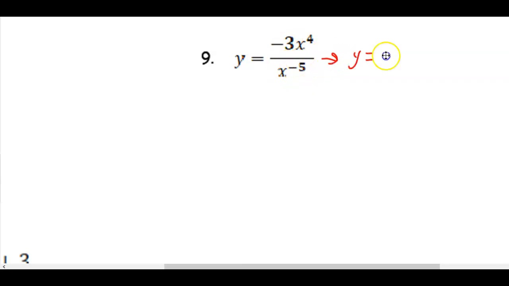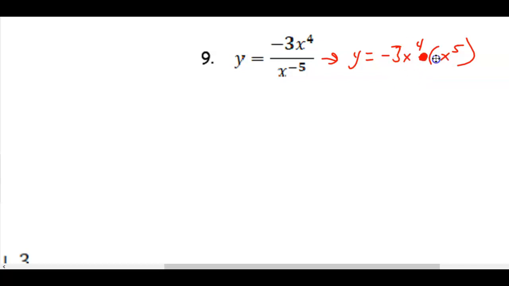So y equals negative 3x to the 4th times x to the 5th, like that. And now we're going to combine these first. The reason we combine them is because it's multiplication. We can multiply that.